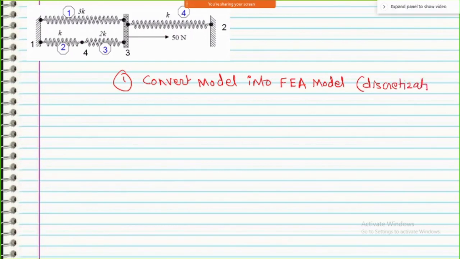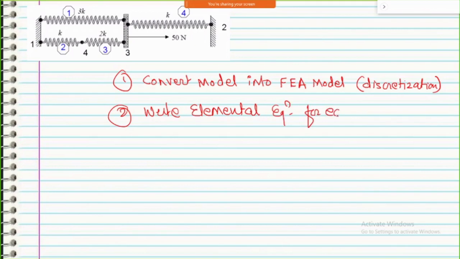And this discretization will now represent, then bring one element, write down elemental equations. That is my second step, the elemental equation for each element. That is what you can do at the initial stage.